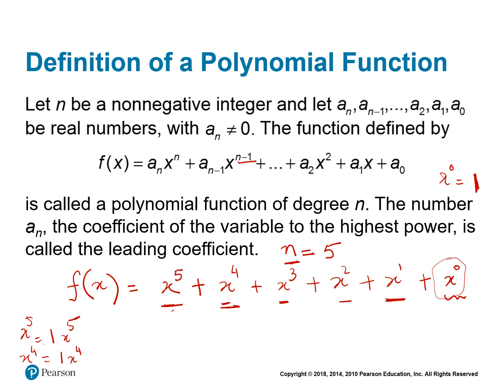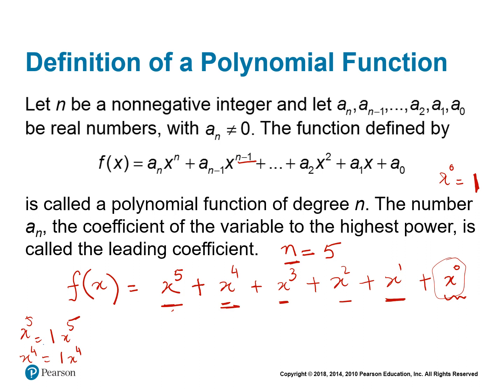When the coefficient is 1, it's not visible, but we know, or we better know, that it is 1. If it is a value greater than 1, then it's a visible coefficient, and that is represented by a in this notation.